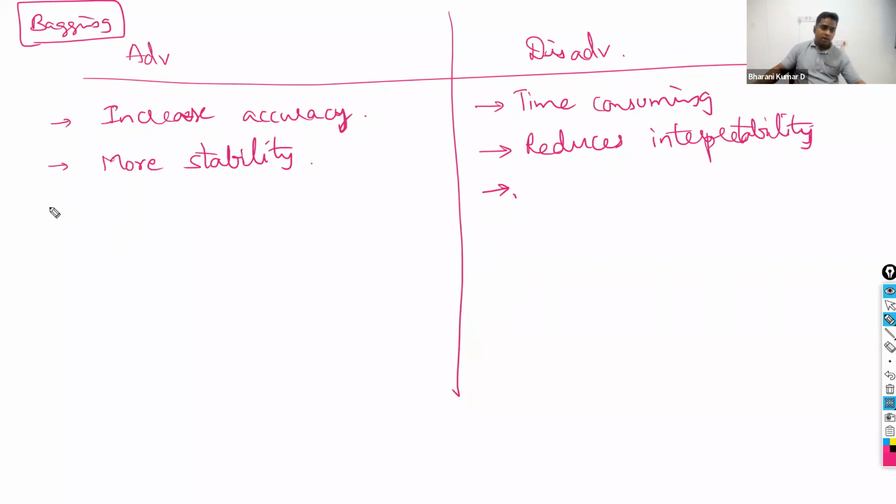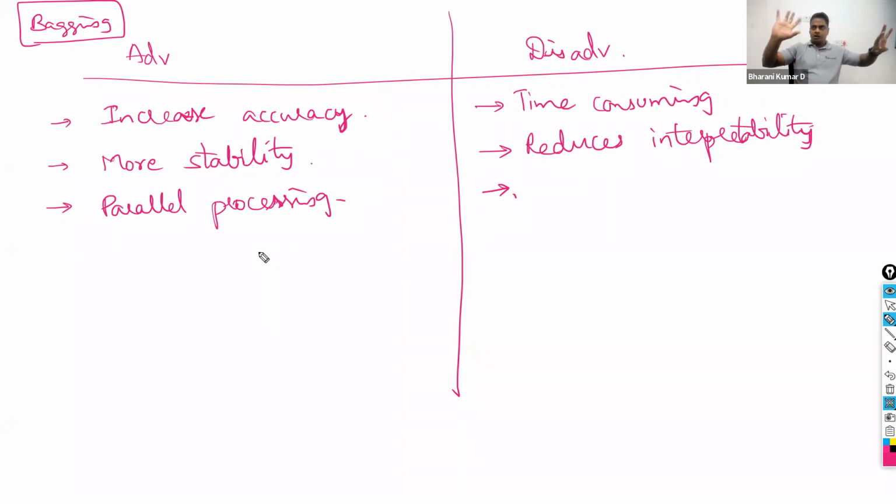And you know what? One other additional advantage is bagging will allow parallel processing, because one algorithm versus another, there is no relationship. The results of one model are not used for another model.